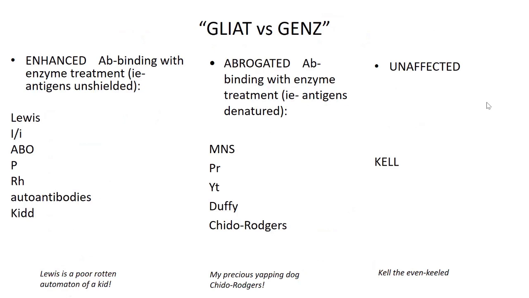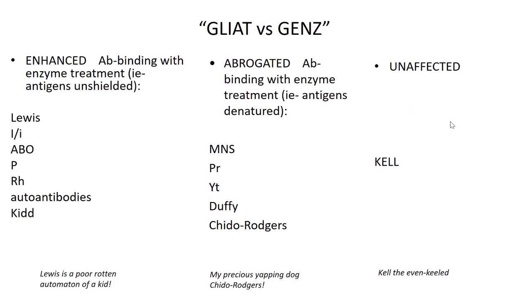In gel microtube technique versus testing using enzyme-treated cells, you can classify antigen systems based on what enzymes do to them. Reactions that get enhanced in enzyme-treated red cells are your ABO and RHD, your two major systems, and things related to those.